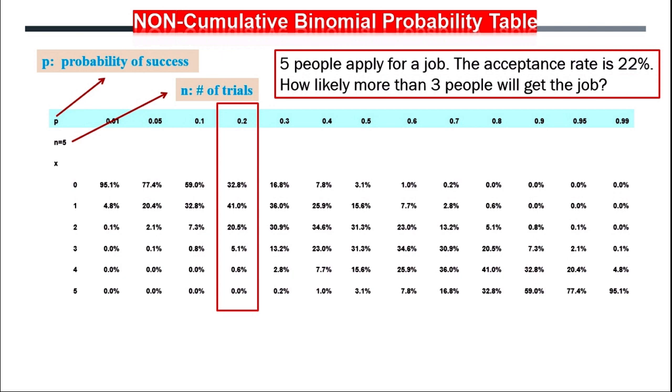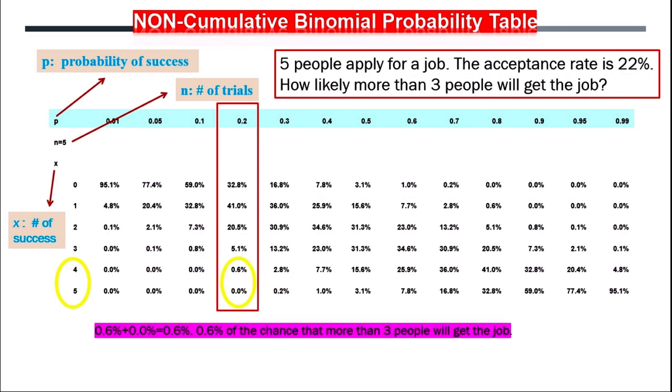More than 3 people, it can be 4 and 5 people. So, the corresponding probabilities are 0.6% plus 0.0%. The result is 0.6%. There is a 0.6% chance that more than 3 people will get the job.